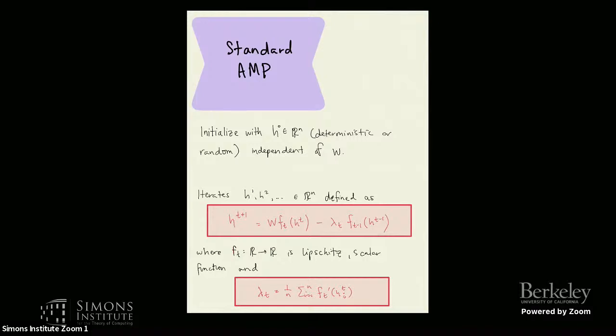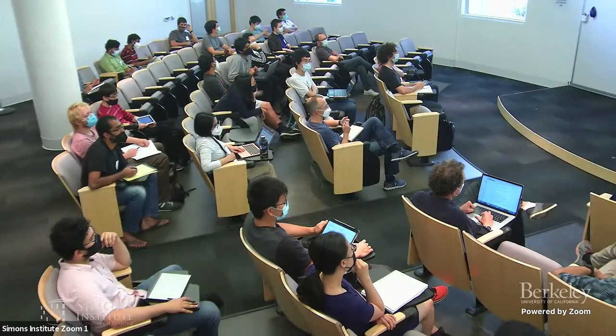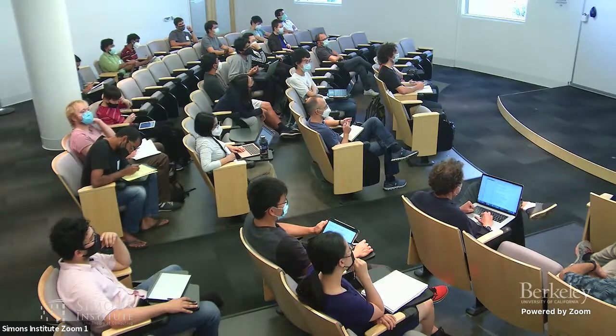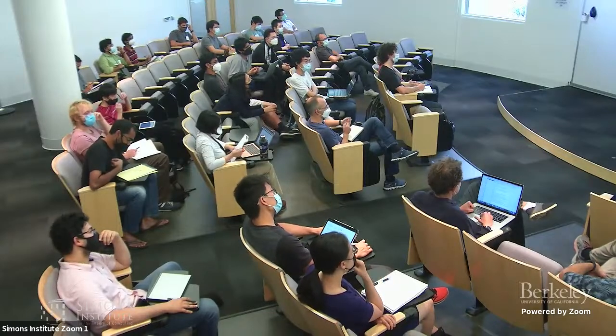I'm thinking of this as a recursion, so these are vectors that are computed this way. f_t is a scalar function, so you apply it coordinate-wise. Here you just apply it to each coordinate, and you just sum up. Yeah, so the scalar, the vector, the matrix. Okay.